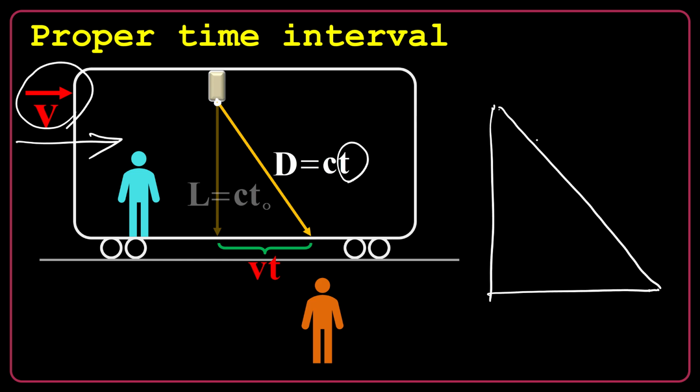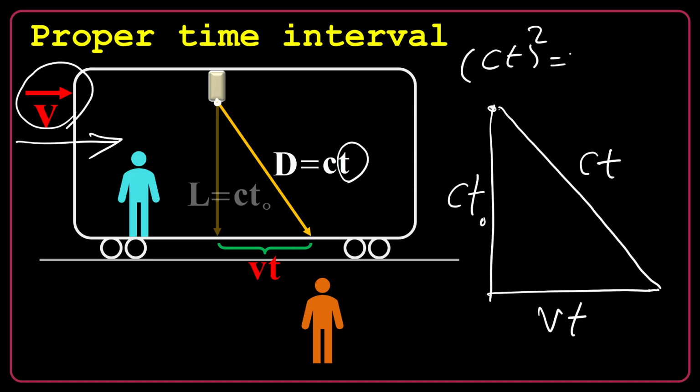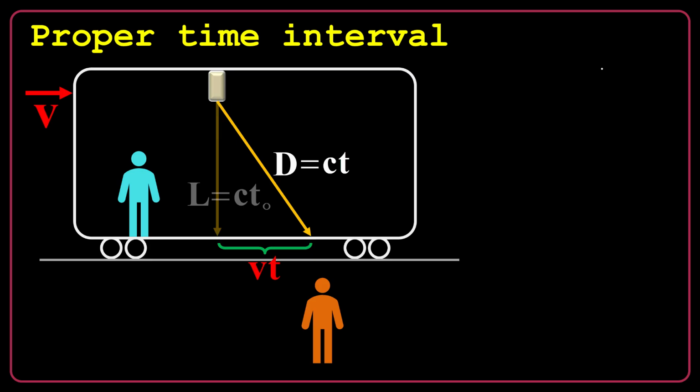The hypotenuse is ct, the vertical side, the height, is c t naught, and the horizontal side, the base, is vt. I use the Pythagorean theorem and write (ct) squared, the hypotenuse squared, is equal to (c t naught) squared plus (vt) squared. This is the relationship between t naught and t. Let's work on its mathematics.